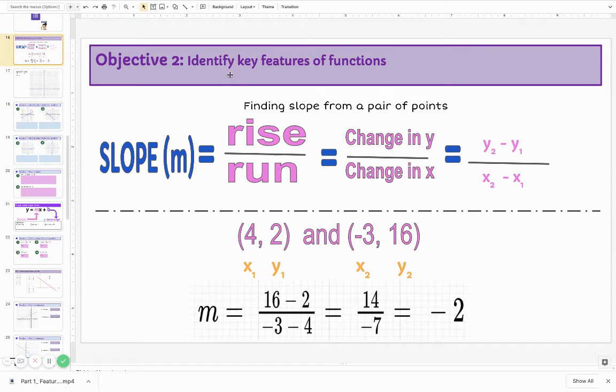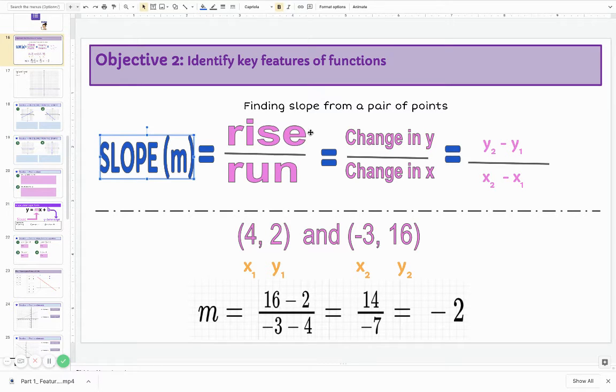Okay, so identify key features of functions. So finding slope from a pair of points. Okay, so we have slope, which also can be represented as m, is equal to the rise over run, which is equal to change in y over change in x, which is also equal to y sub 2 minus y sub 1 over x sub 2 minus x sub 1.